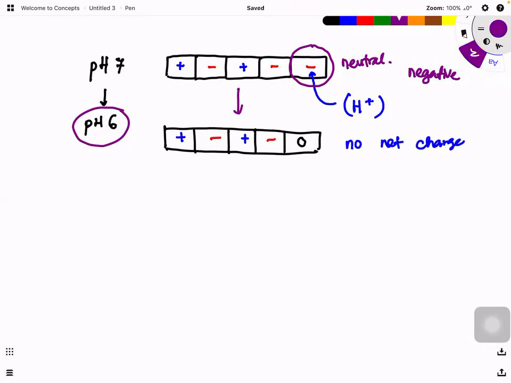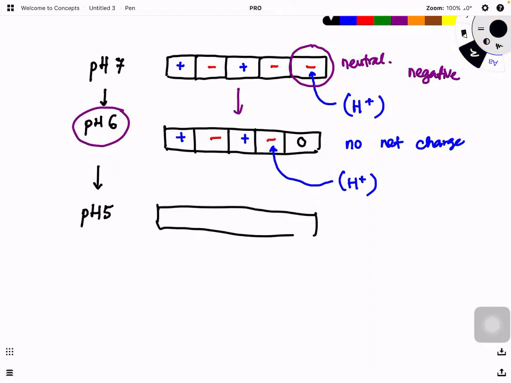Okay, so if I continue to decrease the pH, from pH 5, how do we make the pH lower? We add H plus. So we add more H plus. What will happen to this H plus? This H plus now binds here. When it binds here, look at this, at pH 5. This is positive charge.